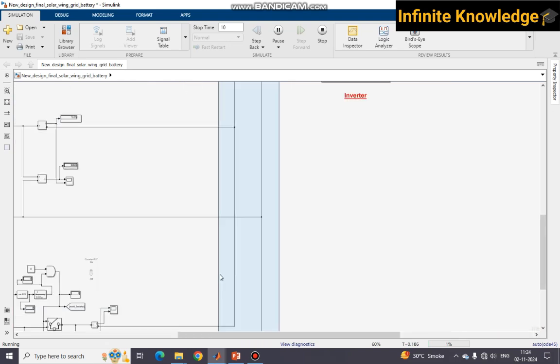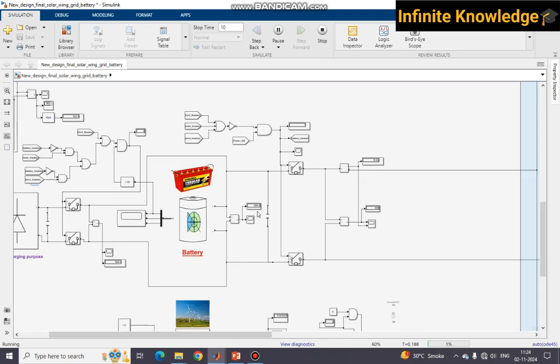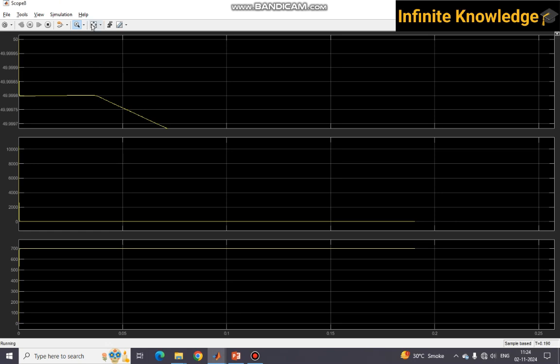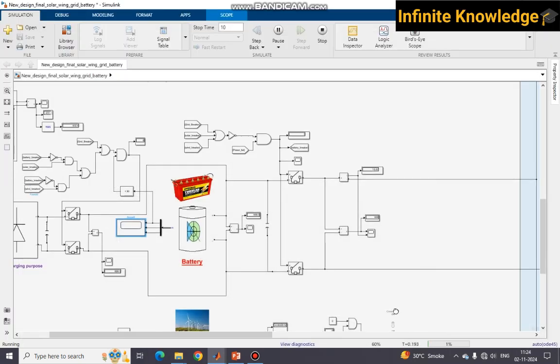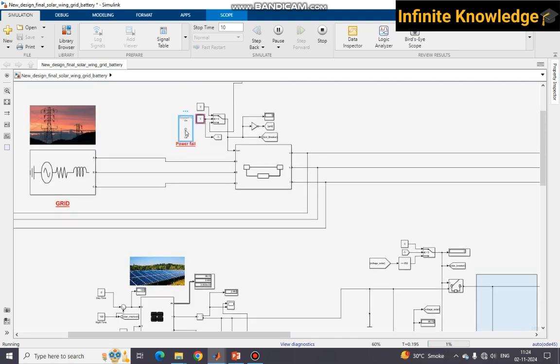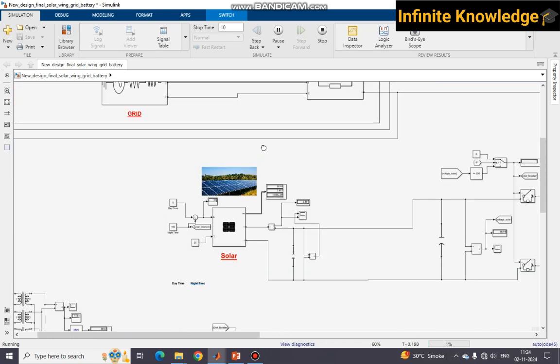Okay, so right now the simulation is okay and the battery is continuously discharging. This is the load scenario, and you can see very clearly the battery is continuously discharging. And if my grid power comes back, you can see it automatically transfers to the grid and my battery starts charging here.